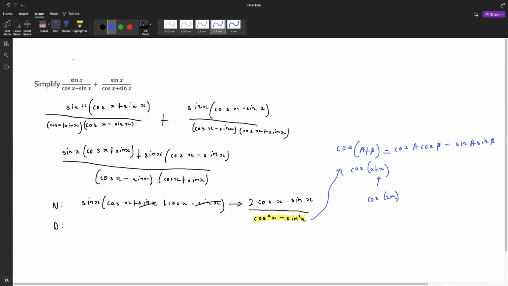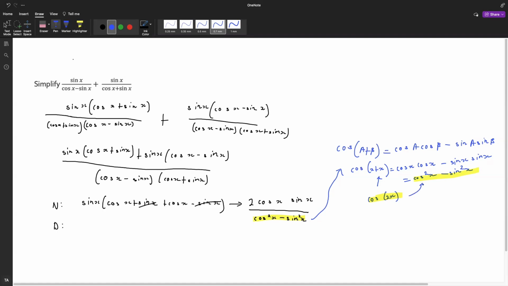But just for illustrating purposes, if I just have cos x plus x, well, then that's equal to cos x cos x minus sine x sine x, right? And now cos x times cos x is equal to cos squared x, and sine x times sine x is equal to sine squared x. And this is exactly the same thing that we have over here. So I'll just highlight that as well to show the similarity. So basically, cos 2x is equal to cos squared x minus sine squared x.